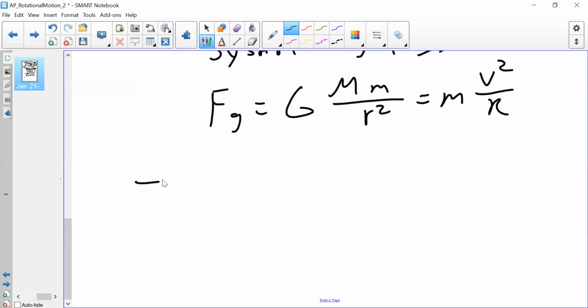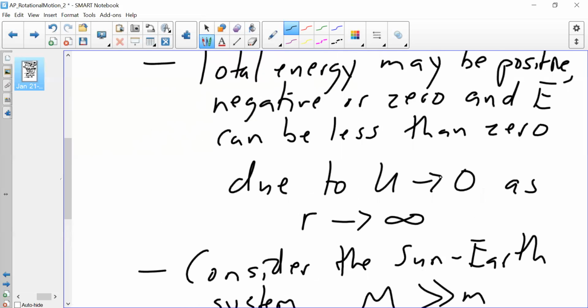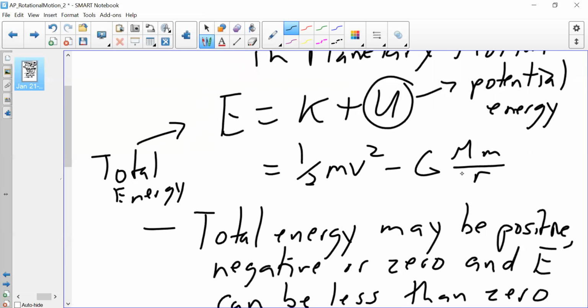Okay, now let's take this equation. What I'm going to attempt to do is take the total energy equation up top, and in terms of what I have already, I want to get this kinetic energy term into something that looks like this.